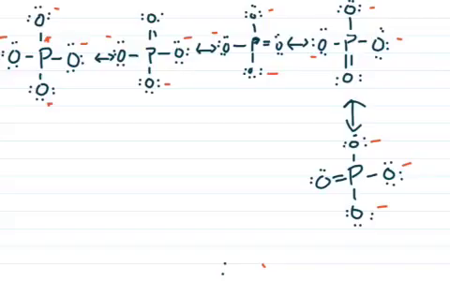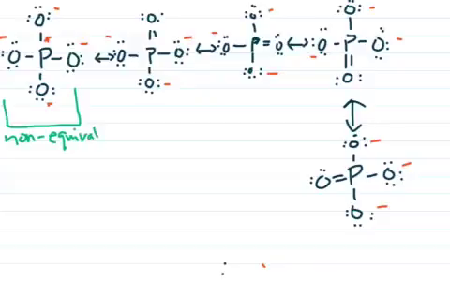Alright, so here we have 5 resonance structures. Now, this resonance structure is a non-equivalent resonance structure because it's not the same number of bonds or lone pairs. We're missing that double bond.